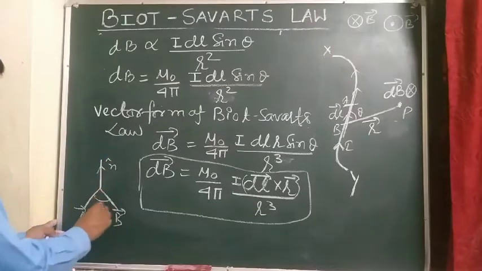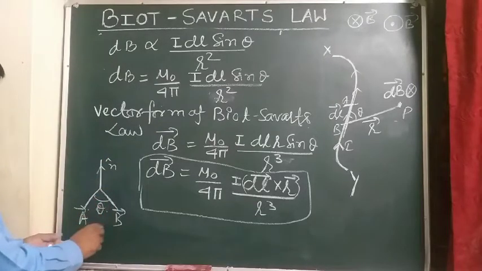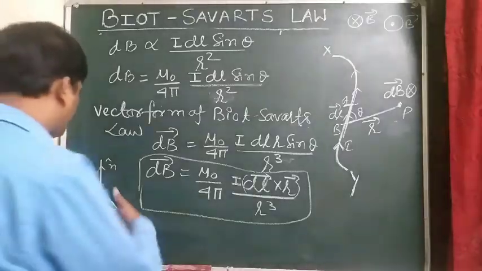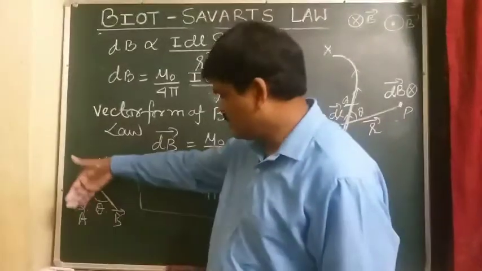So what is the direction of this cross product of two vectors?